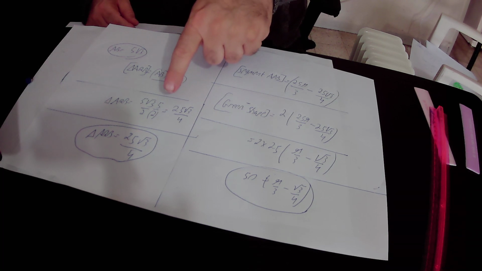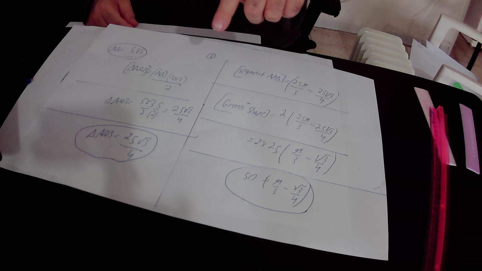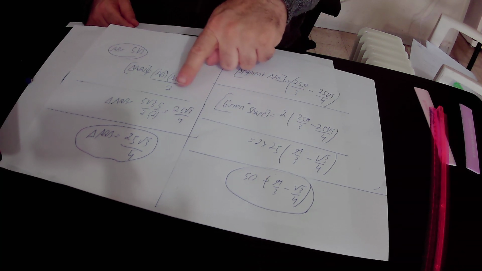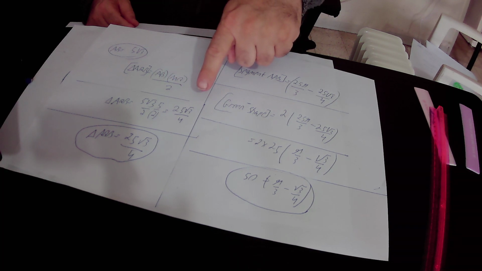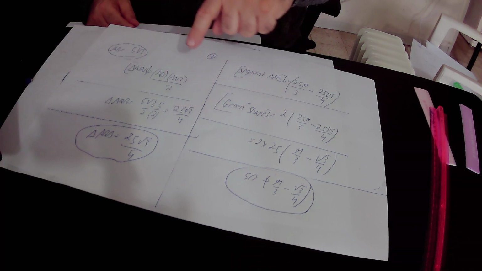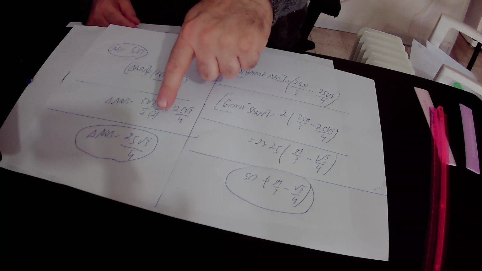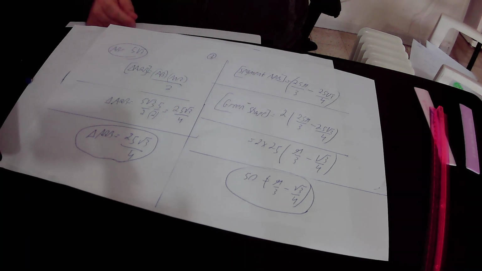QM equals 5 over 2, all divided by 2. So the area of triangle AQB equals: 5 times 5 is 25, so we have in the numerator 25 times square root of 3, over 4, since 2 times 2 is 4. So the area of triangle AQB equals 25 times square root of 3 over 4 square units.